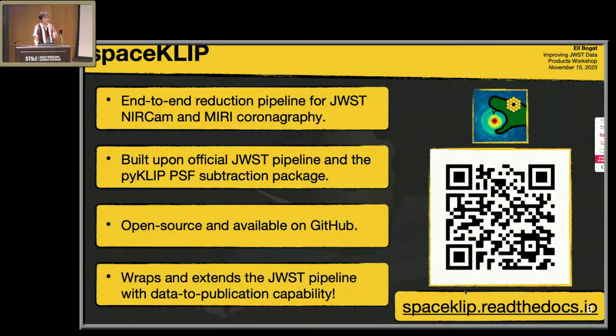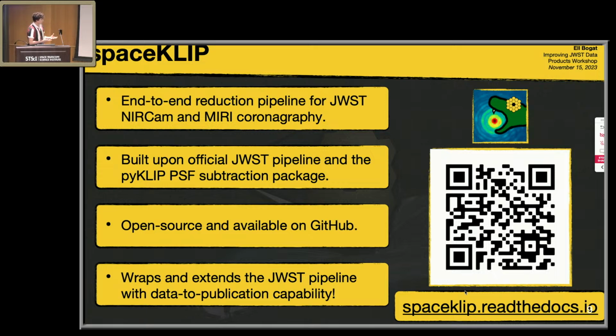So in terms of what SpaceClip itself is, it's an end-to-end reduction pipeline for JWST NIRCam and MIRI coronography. It wraps the official JWST pipeline, and it also interfaces with the PyKLIP package led by Jason Wang for PSF subtraction of your central star, and it also interfaces with the WebbPSF package developed by Jaron Leisenring, among others, to model and simulate JWST data.